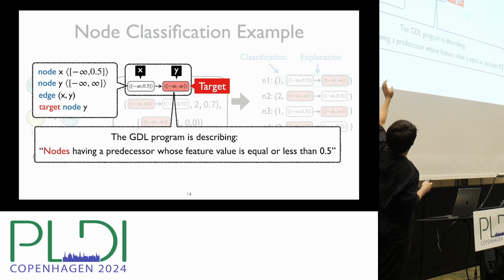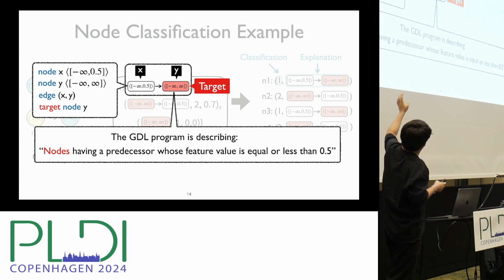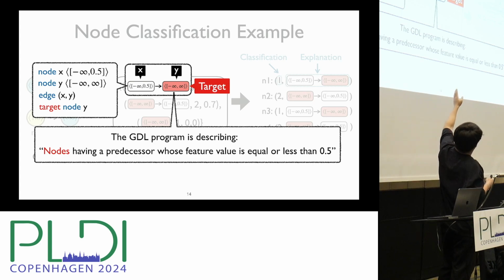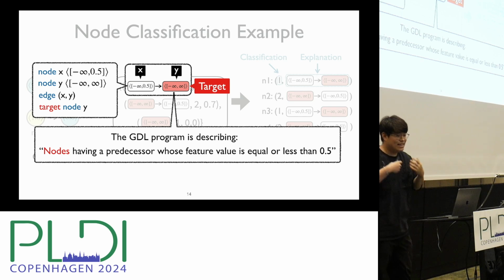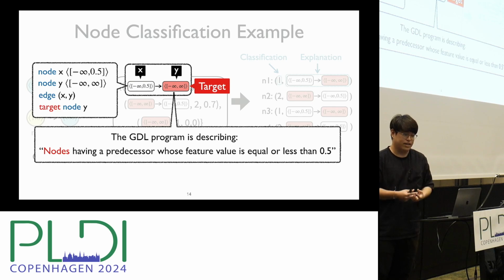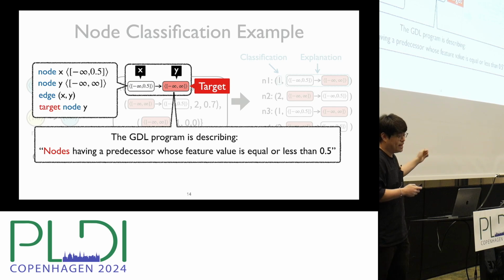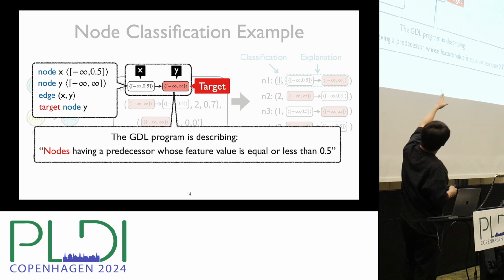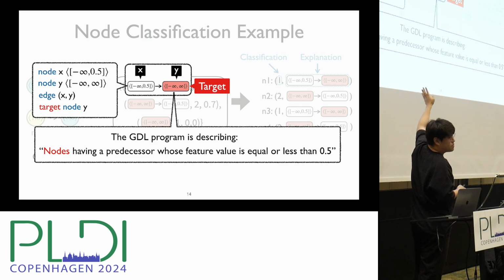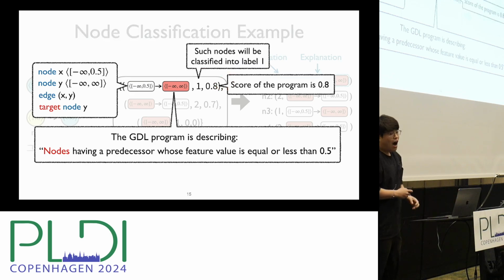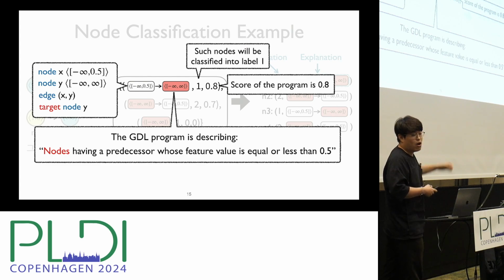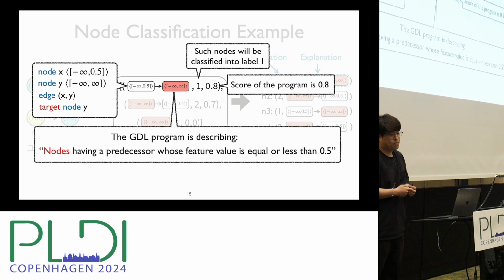A program can have a target variable, and in this program, the target variable is the node variable y. This program is describing a node pattern. The semantics of this program is nodes having a predecessor whose feature value is equal to or less than 0.5. Our model will classify such nodes into label 1, and the score of the program is 0.8.